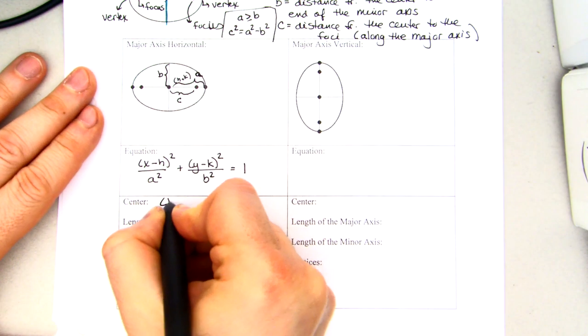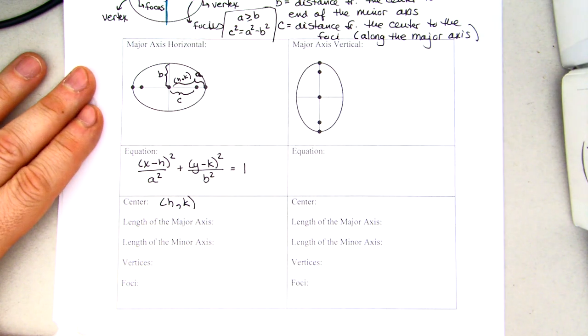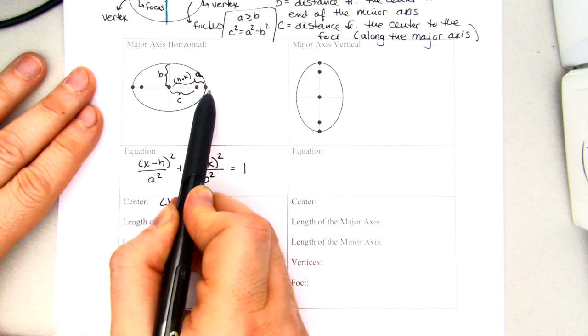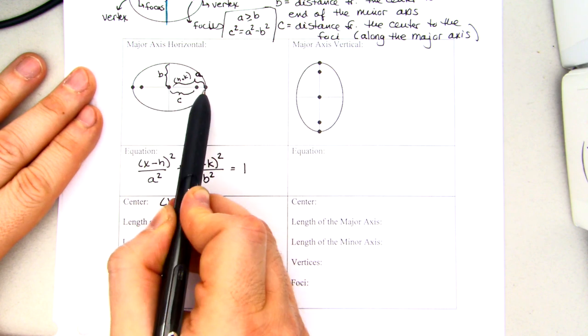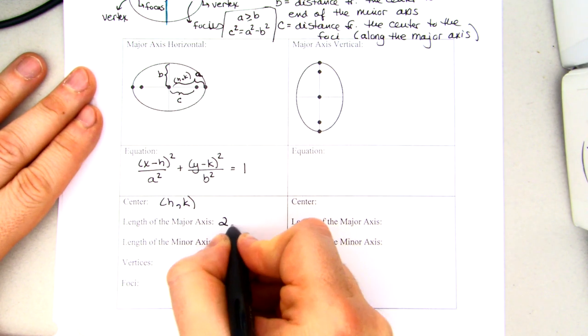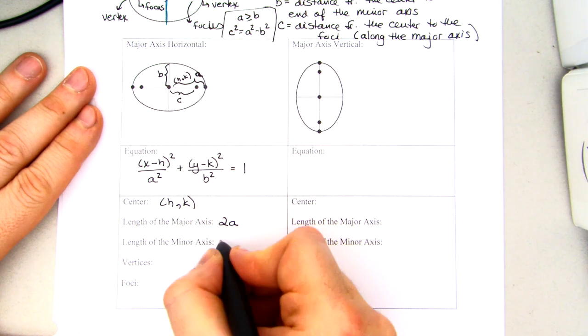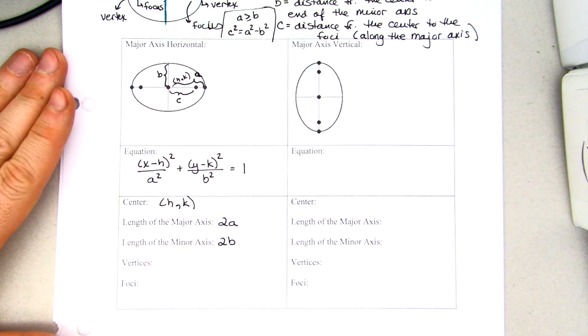The center of my ellipse is h comma k. The length of the major axis, well, if the distance from the center to the vertex is a, the entire length over there is going to be 2a, because you've got to get this and that. Similarly, the length of the minor axis is 2b.